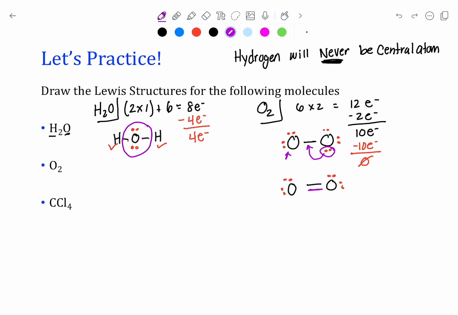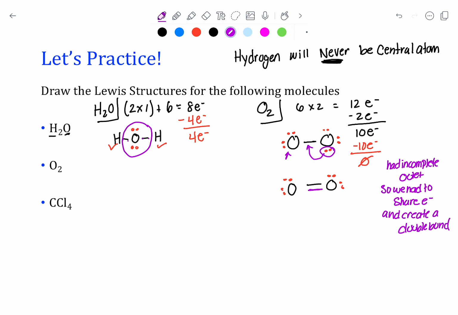Okay, so this is another one where we had an incomplete octet, so we had to share electrons and create a double bond.